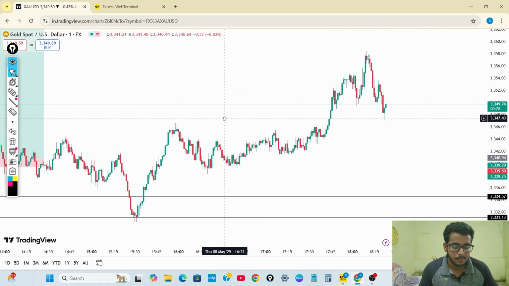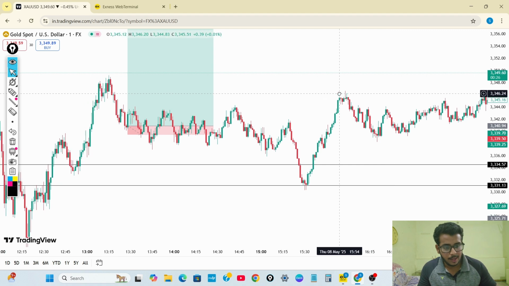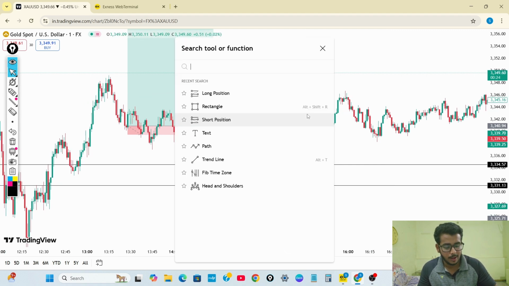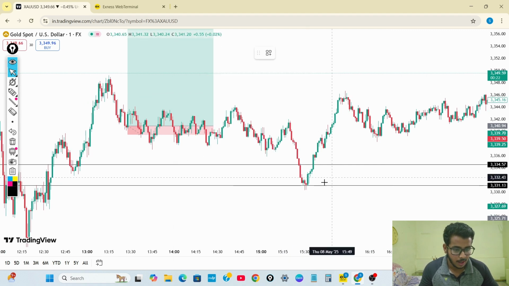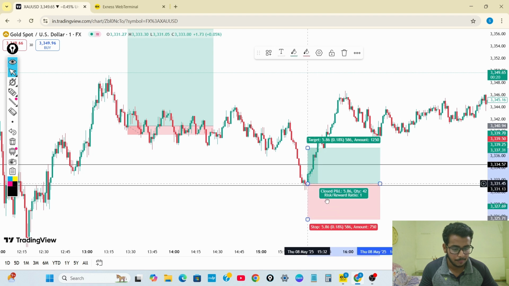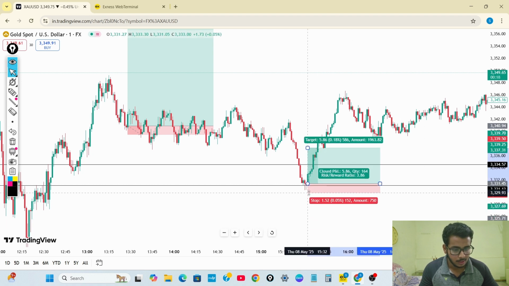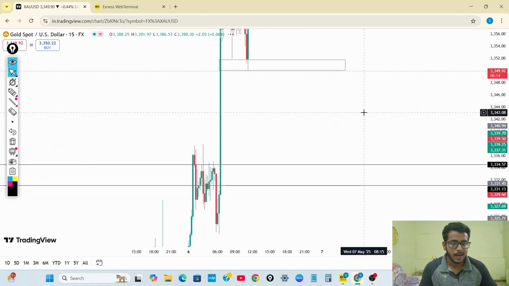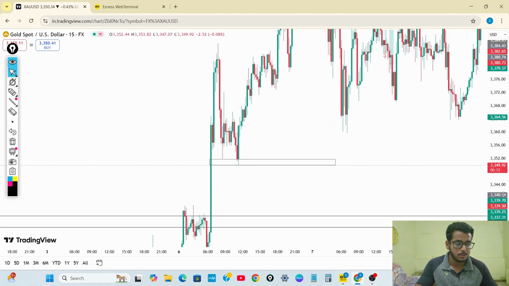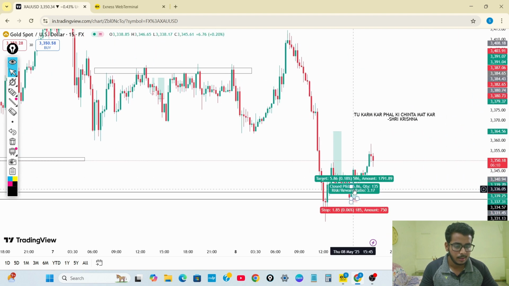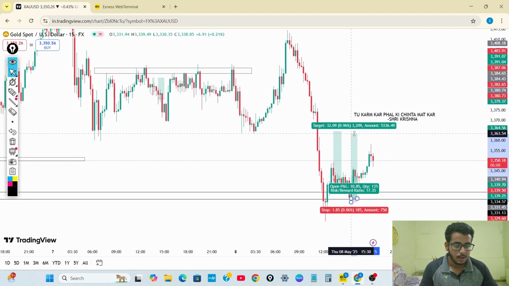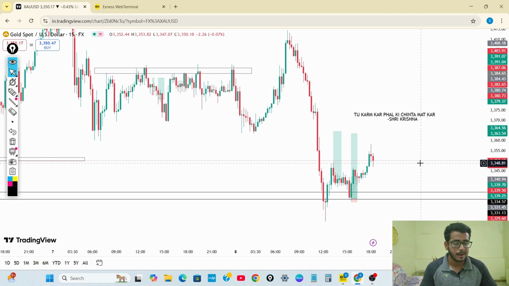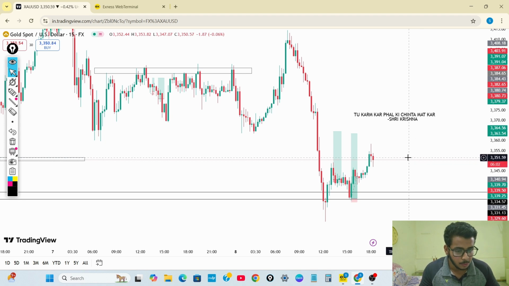If I had marked the correct levels and stayed neutral with decent confidence, with my stop loss like this and my target here, assume that I would have made around $100 in this trade. This was the pure conviction that I had in this trade.